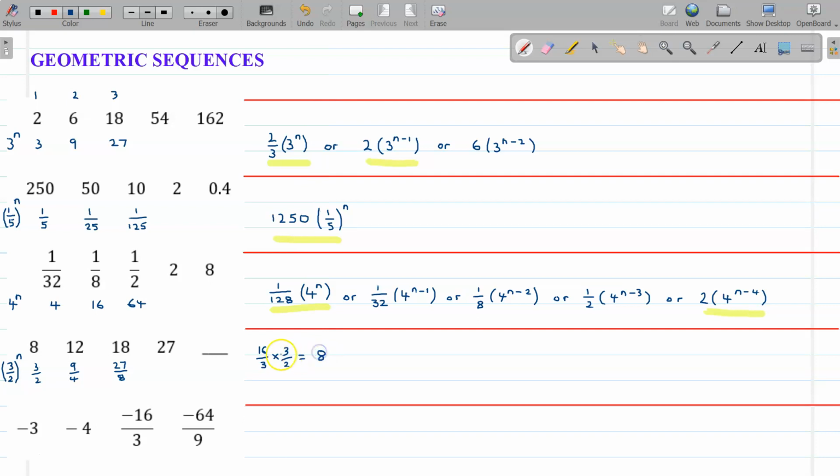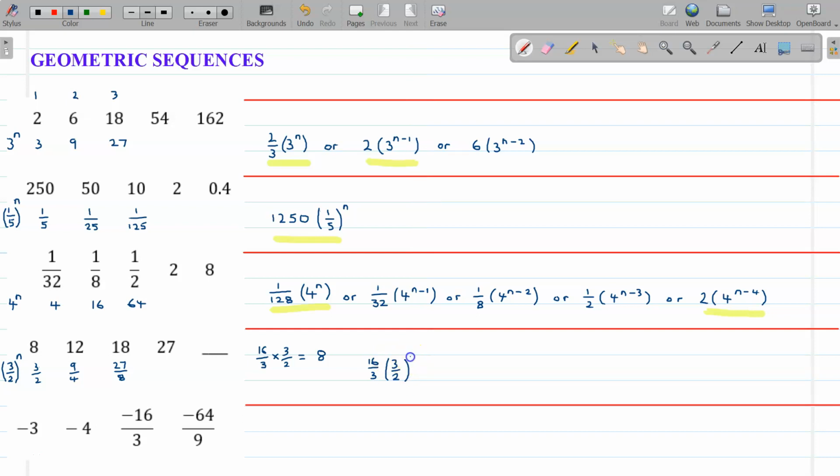So the sequence I have is 16/3 of 3 over 2 to the n. So my initial answer would be 16/3 of 3 over 2 to the power of n.